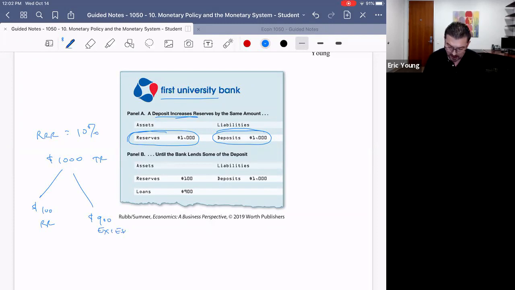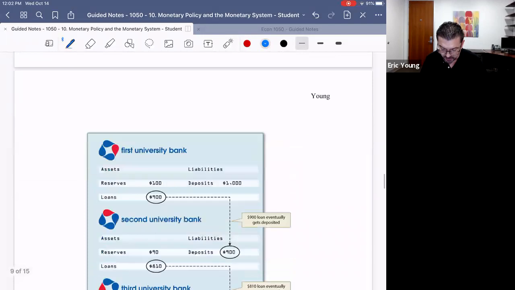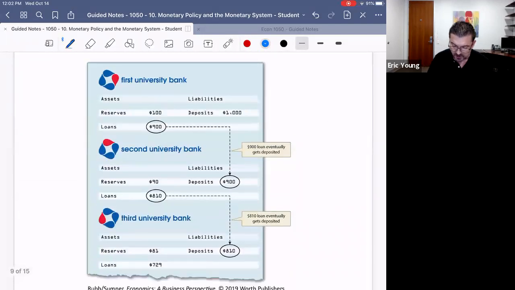And you can see that here. The bank sets aside $100 for its required reserves. It then has $900 of excess, and this bank decides to loan that excess. What happens? Well, it plays out like this. That bank takes that $900 and they loan it out to a new person.